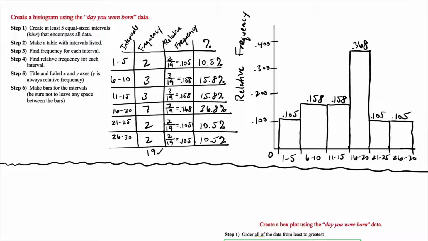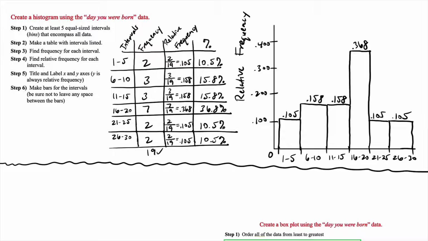Okay. So the first step is the easiest, but it takes the longest. Step 1 says order all of the data from least to greatest. So the 19 numbers, we want to order from least to greatest. I'll give you about a minute or so to do that. Write one long line.